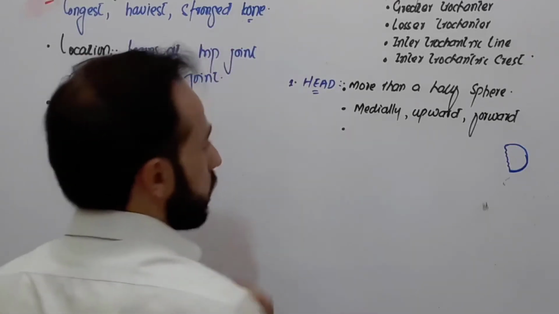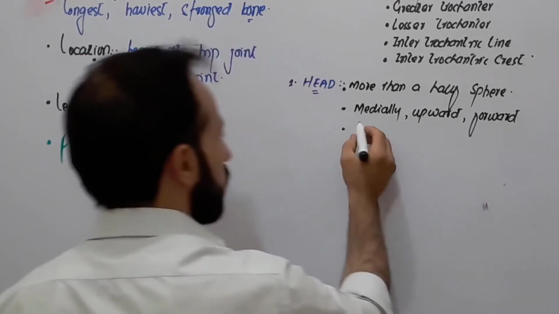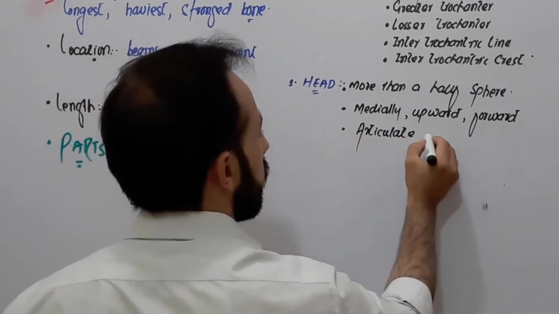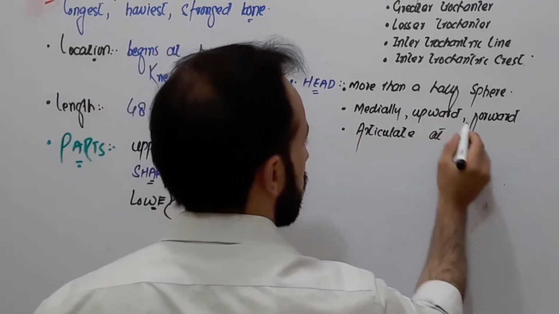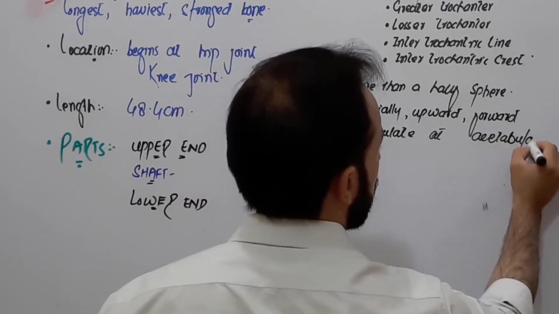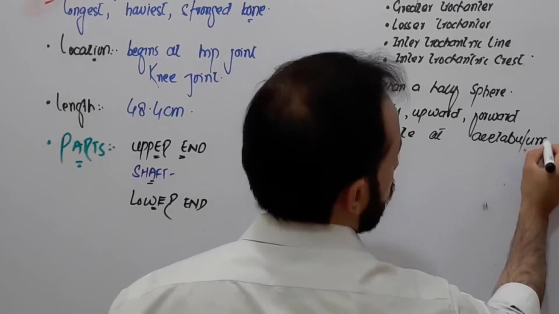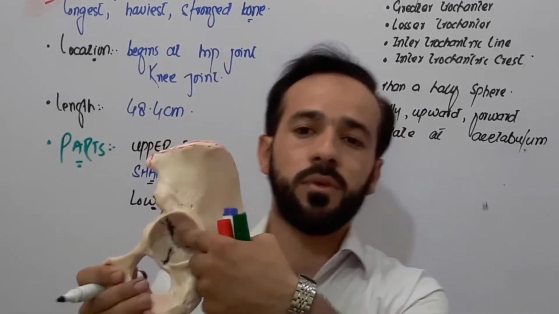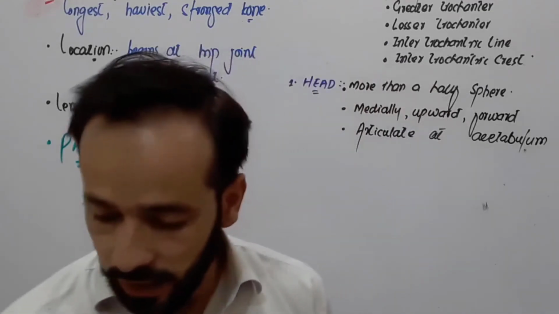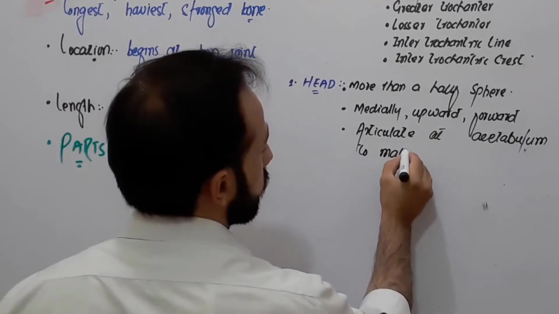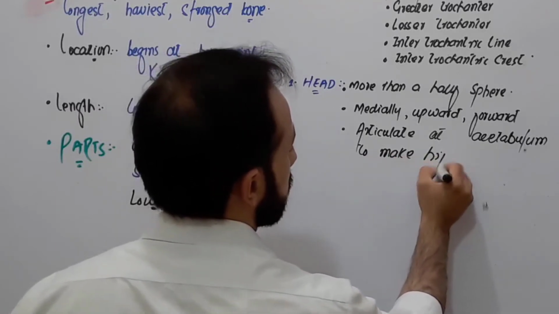Then the next point about the head of the femur is that it articulates at the acetabulum, right? You know, acetabular fossa, there we have, this is the acetabulum. So it articulates with the acetabulum to make which joint? To make hip joint.